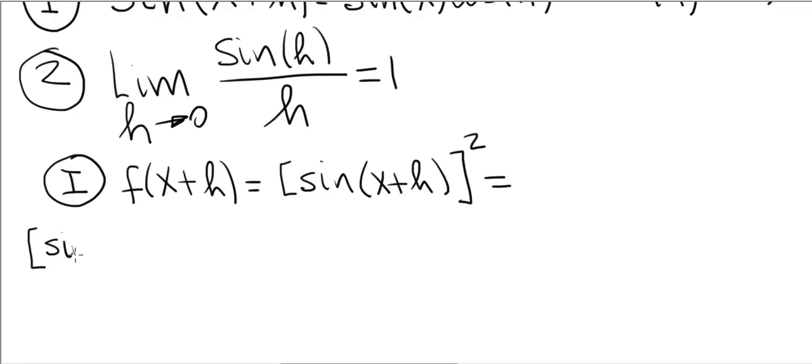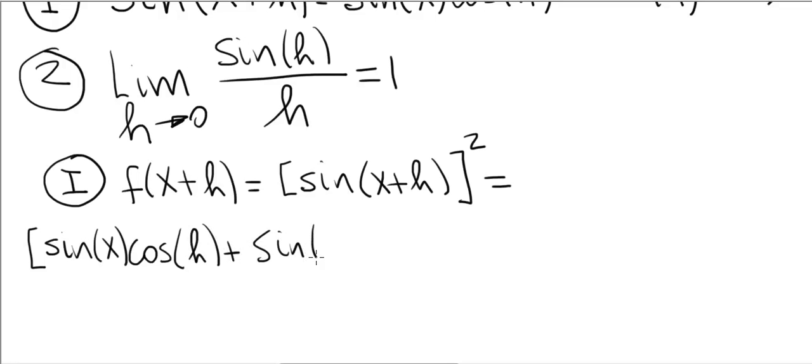We'll write it as sine of x times cosine of h plus sine of h times cosine of x, and of course it is squared.